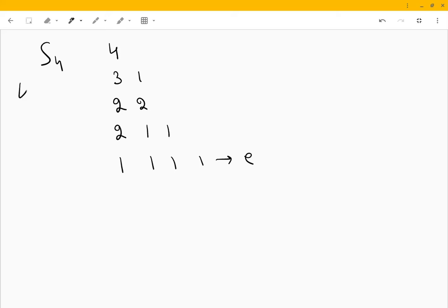Now we know that 4 factorial is the total number of elements in this group. So that is 24. Let's start counting. This is 1. Now this, since it's a 4 cycle, we'll write 4, 3, 2 times 1. This is a product over 4.